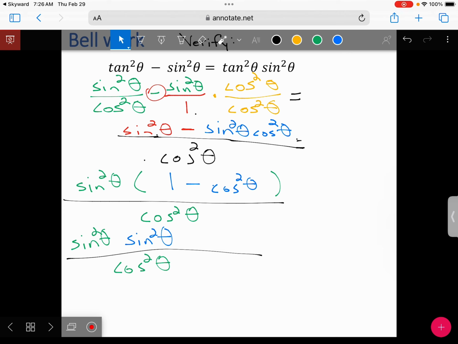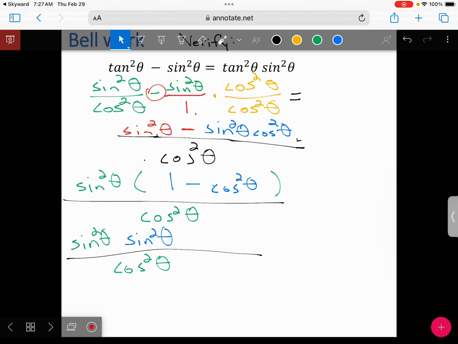We need a sine squared theta in our answer. So one of these sine squared thetas, we need to keep out. We need one of these sine squared thetas to stay a sine squared theta. You can almost think about it as that portion in the blue, I just need to keep that out of it because that's going to be in my answer.